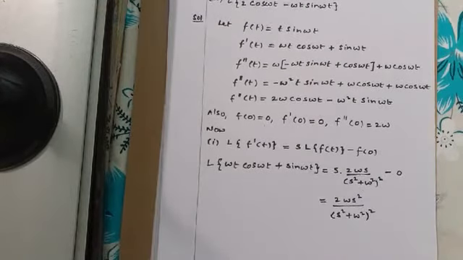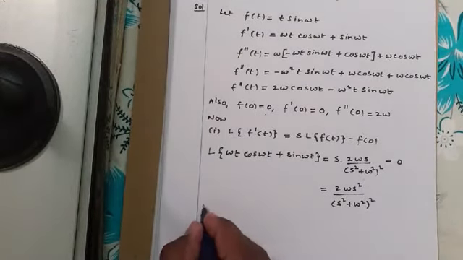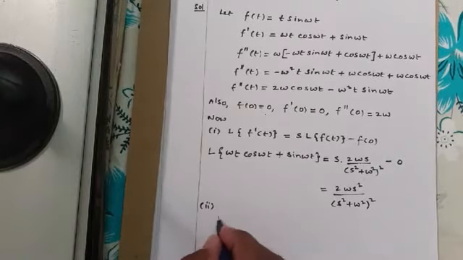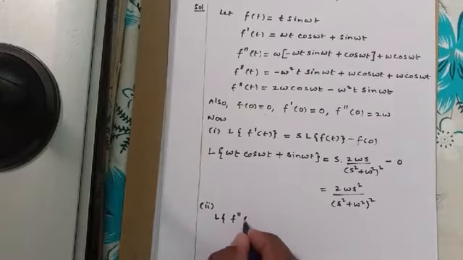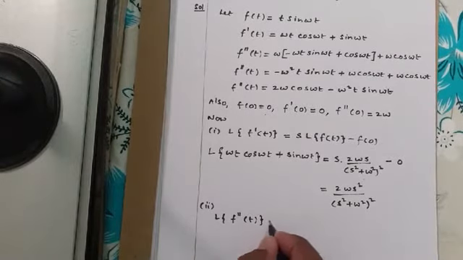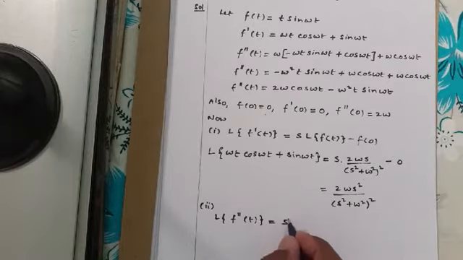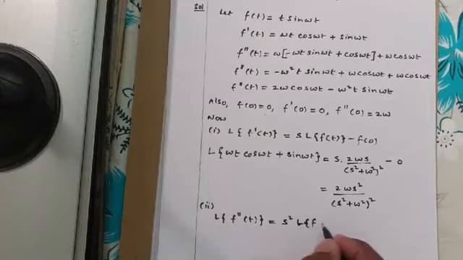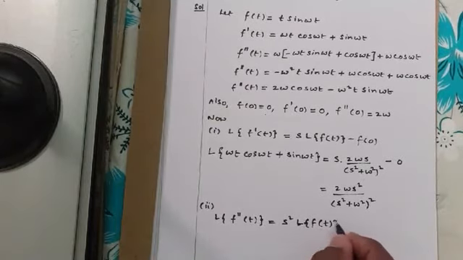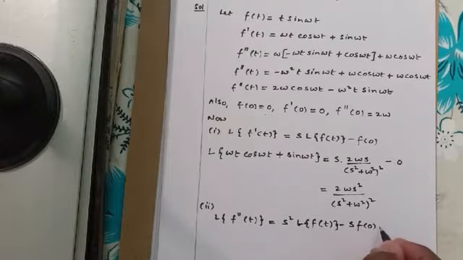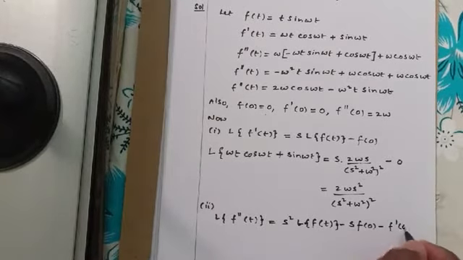We got this. Now the second bit is Laplace of f double dash of t, which is nothing but s square Laplace of f of t minus s f of 0 minus f dash of 0.